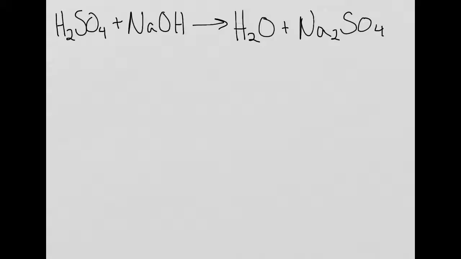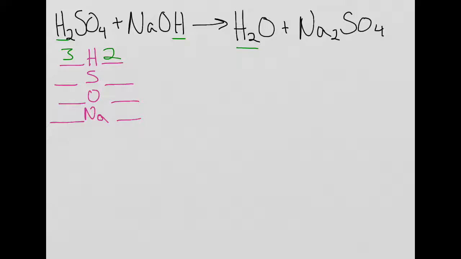Here's another one. Let's count again. I see I have hydrogen, sulfur, oxygen, and sodium. All right. I have 3 hydrogen on the left. I have 2 here and 1 here. I see only 2 hydrogen on my right.